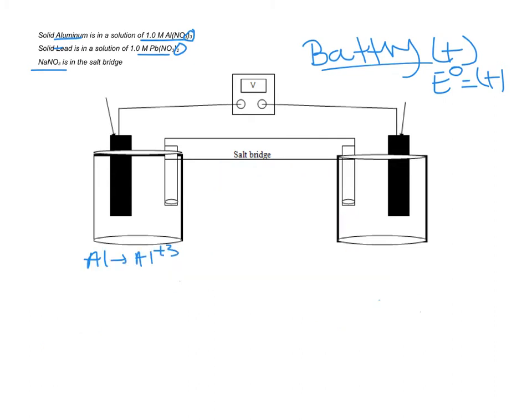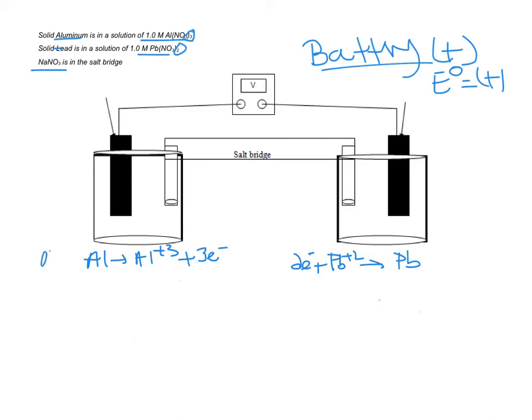So now I'm going to rewrite things a little more neatly. So we decided that aluminum is best oxidized and lead 2 ions are going to be reduced. You are able to choose which half cell you want to put them in. I just put aluminum in the first one, but you could have absolutely used the right half cell for the oxidation.